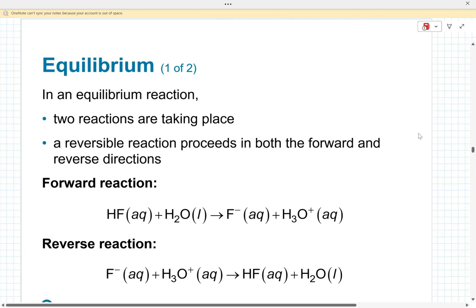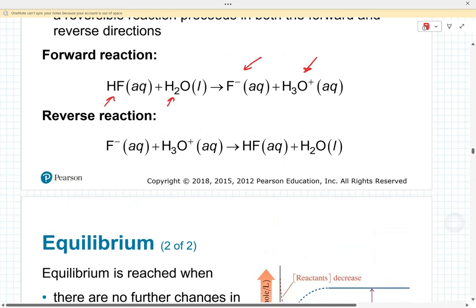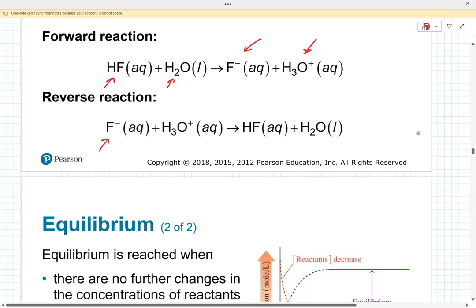So here's the deal. We're going to talk about equilibrium itself, define the equilibrium, and see how it is regulated, and then we're going to stop. Here's an equilibrium. You have a forward reaction between hydrofluoric acid and water, producing fluoride anion and hydronium cation. But at the same time, fluoride anion interacts with hydronium cation, generating hydrofluoric acid and water.